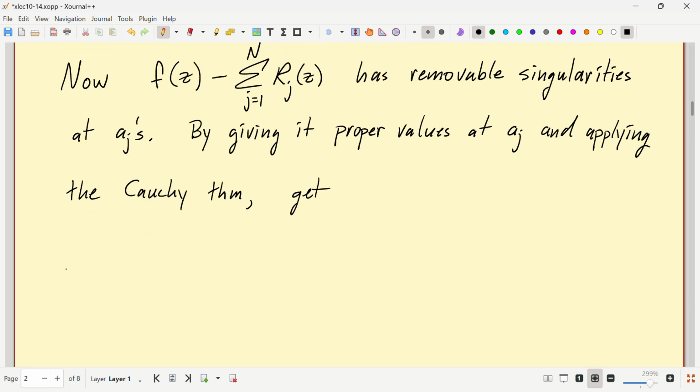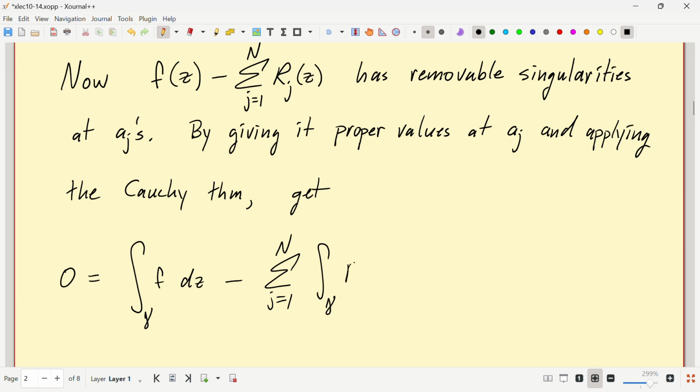So we'd get 0 equals the integral around gamma of f dz minus the sum, when I distribute it, of the integral around gamma of rj dz.